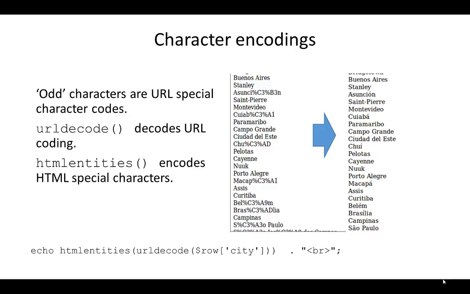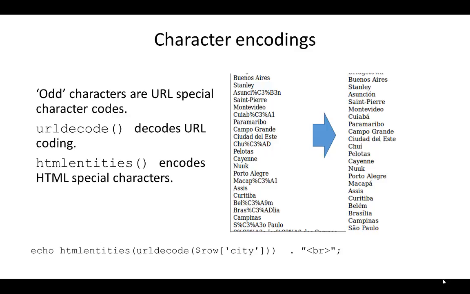So PHP has a function called URL decode, which will decode these URL character strings. However, we are displaying HTML. So we have to decode out of URI special characters and then encode HTML special characters. So we have to do two things: decode from one system of special characters, encode into the other one.